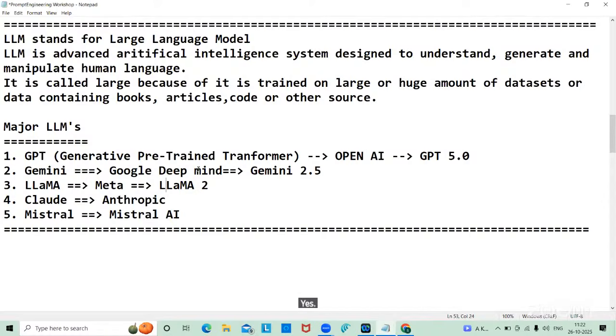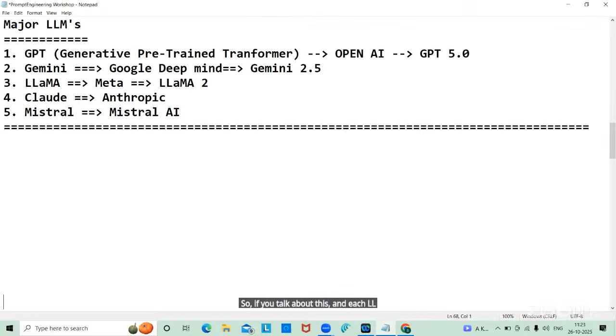Some of these LLMs are open source and allow you a certain number of tokens. Each LLM has its own applications, I mean use cases, and limitations.